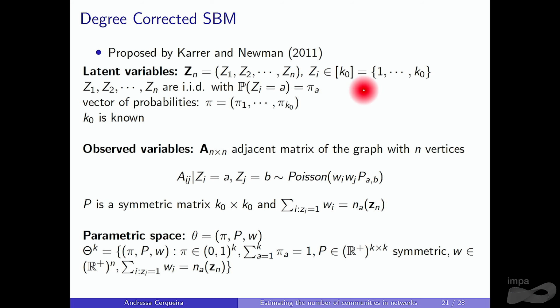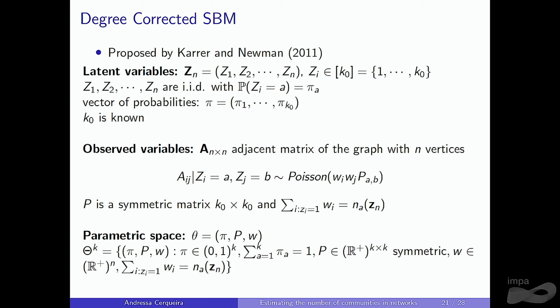In this model, the latent random variables are the same, right? But for the observed random variables, I'm going to use the notation of the model that they proposed the first time, from Karrer and Newman 2011. I think that Keith showed a different model, just using a Bernoulli distribution. But I'm going to use the model that they proposed.